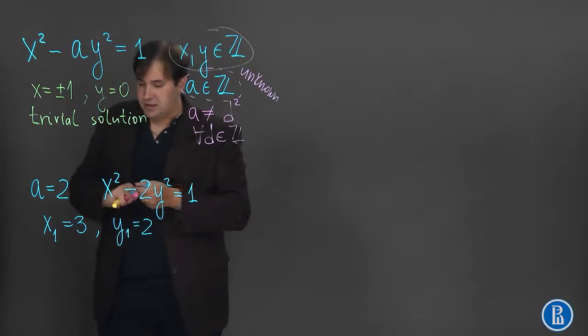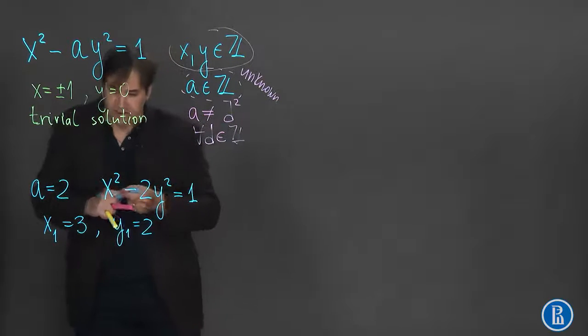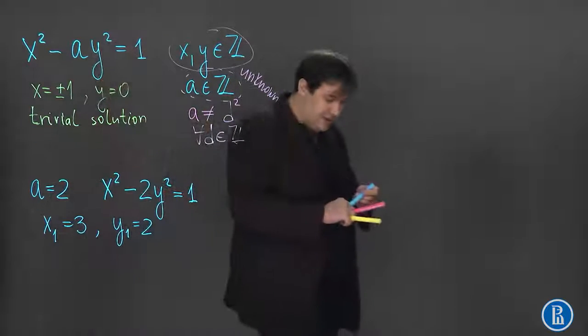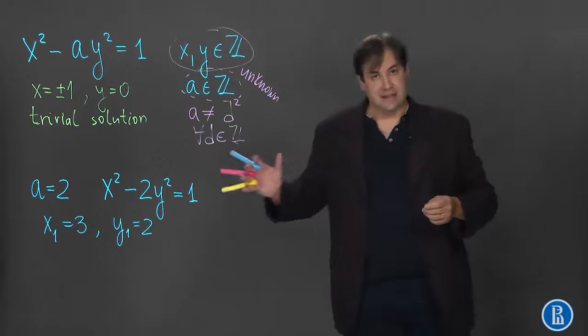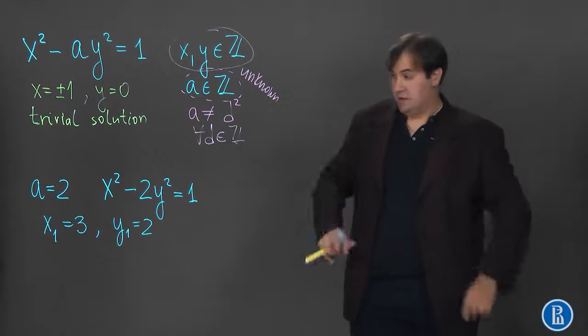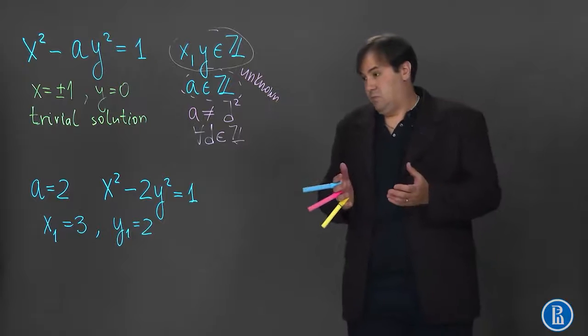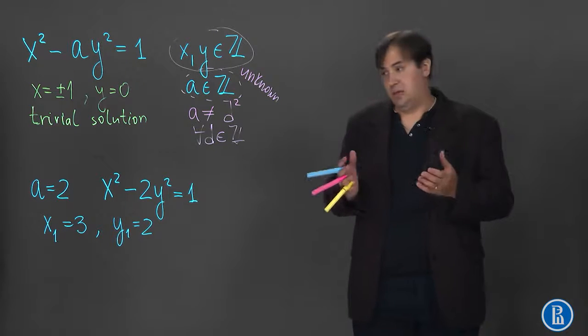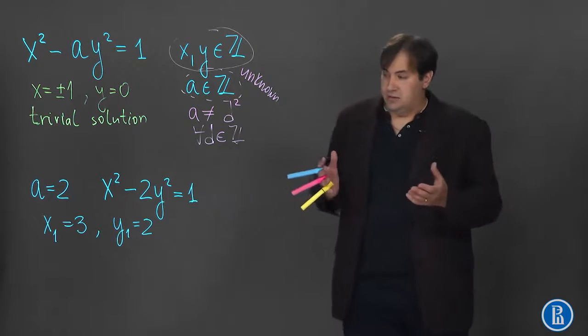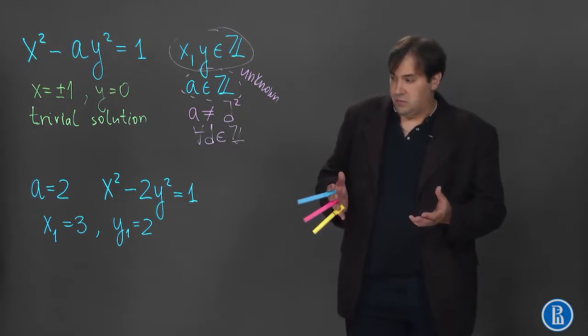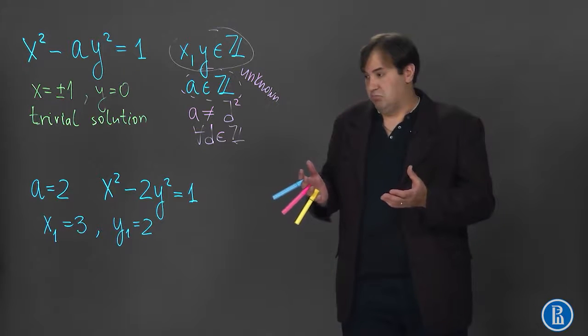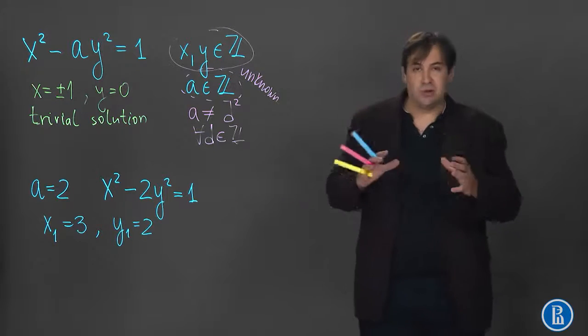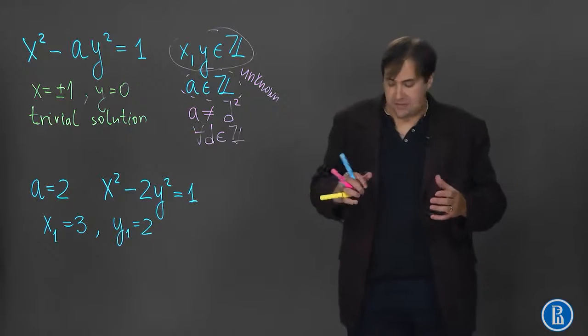For that purpose, let us write down the decomposition of the left-hand side into factors. Well, at first sight, we don't really understand how we could decompose it into factors, because we are trying to work inside the ring of integers.